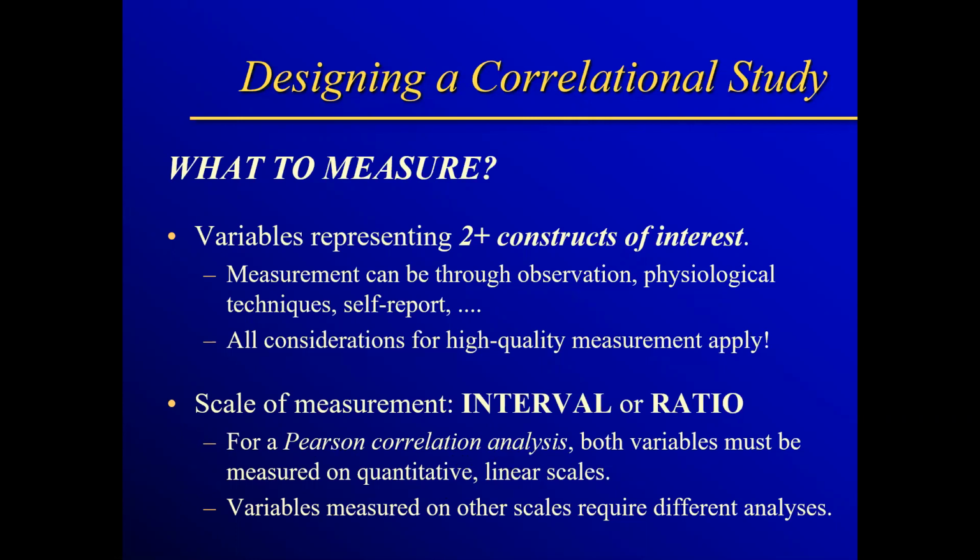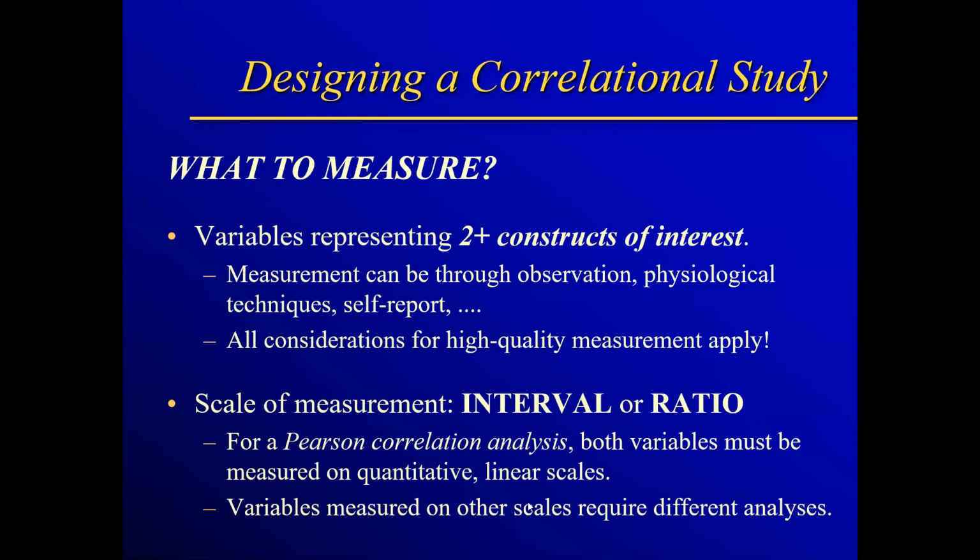There's a couple other correlations that we'll talk about on Monday. But for a Pearson correlation, both variables must be measured on a quantitative linear scale. So just some scale that ranges numerically. We'll do it on Monday.